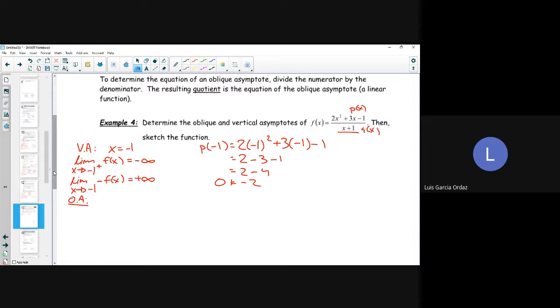So it's negative 1. So again, synthetic division, set it up. 2, 3, negative 1. You already know that I'm going to get a remainder, which is fine.